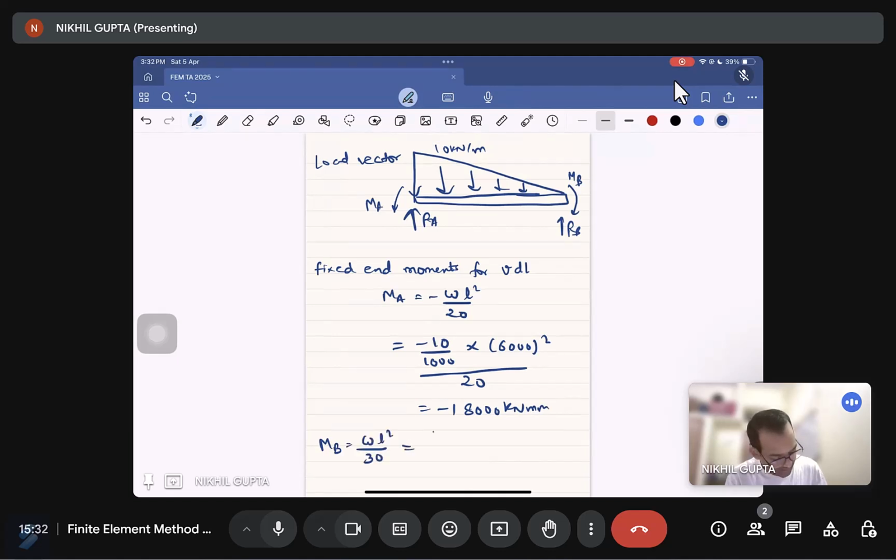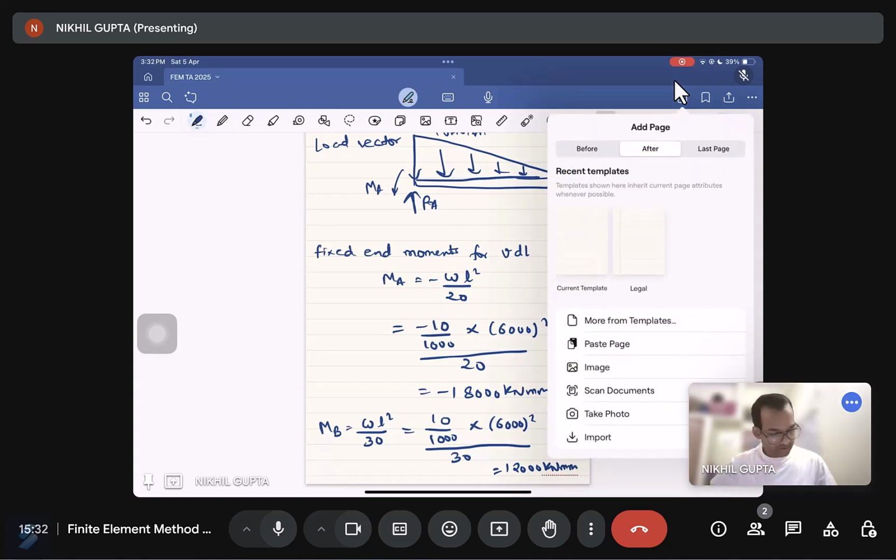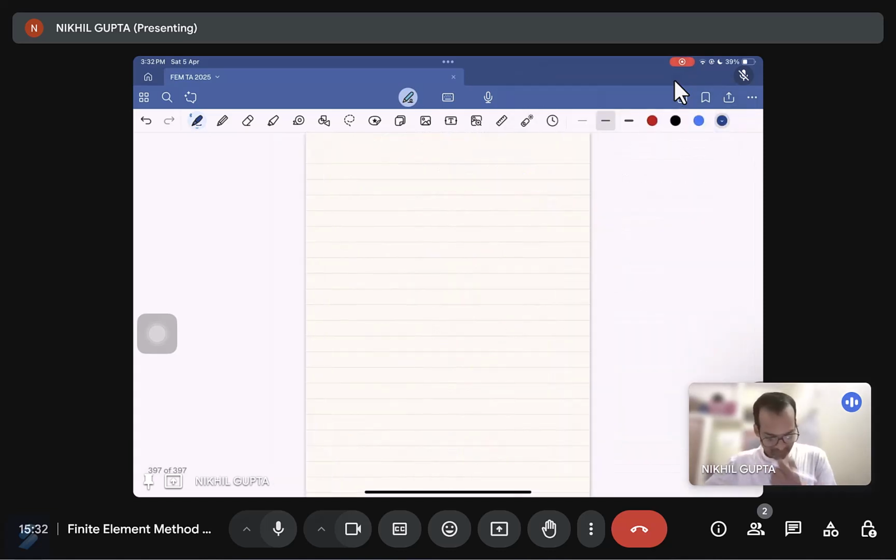So it will be 10 divided by 1000, then 6000 whole square divided by 30. So it will give you 12,000 kilonewton mm.